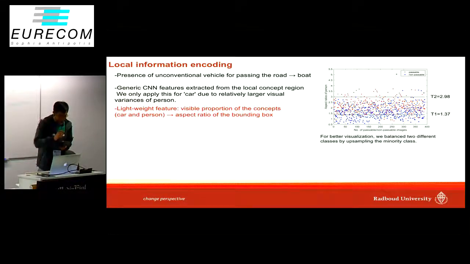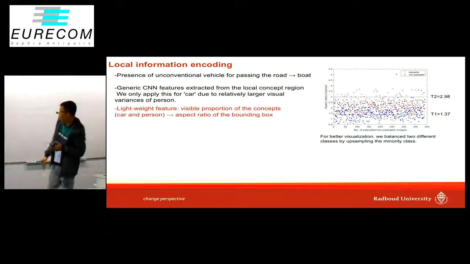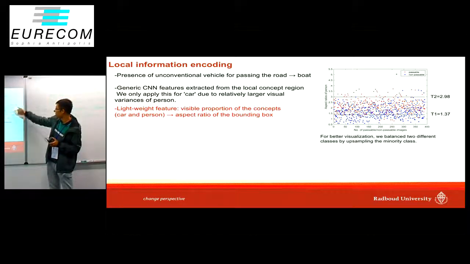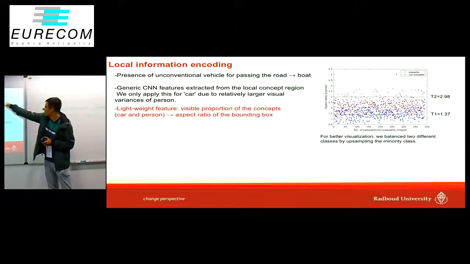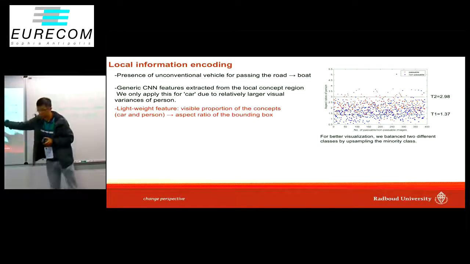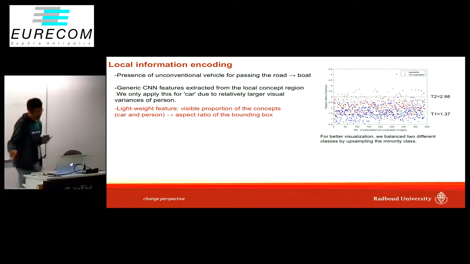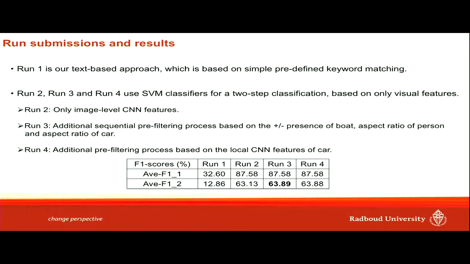And we use the aspect ratio properties for both car and person. This figure shows that by setting these two different thresholds, we can pre-filter out some passable images and also more non-passable images before the second step classification.